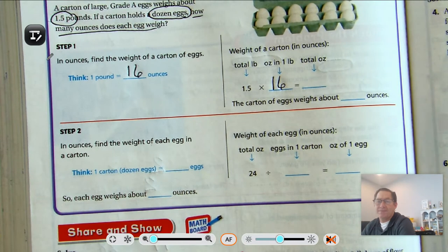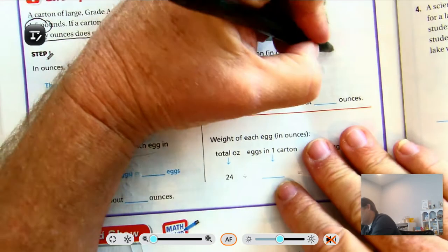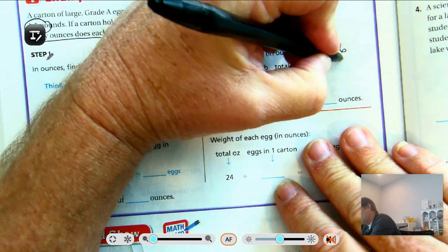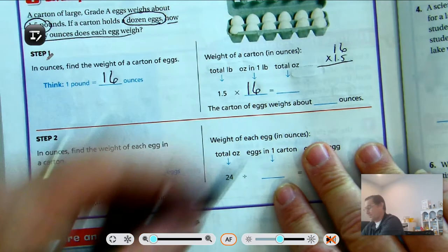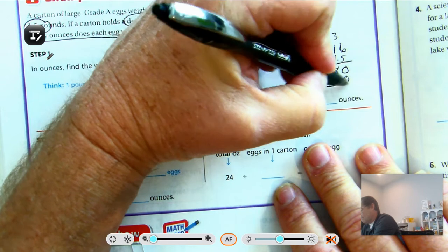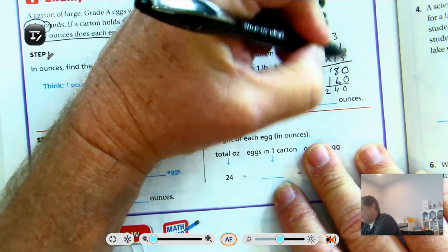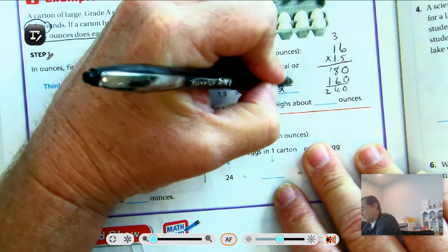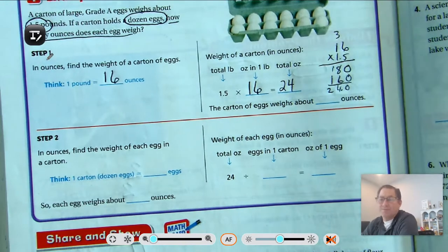It's going to be 1.5 times 16, which would be 24 ounces.